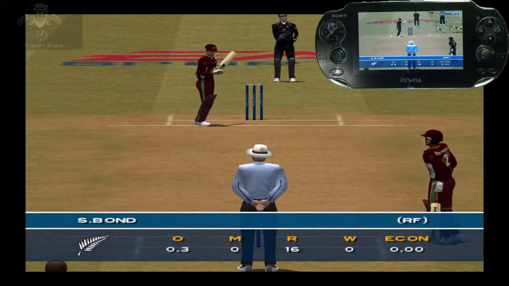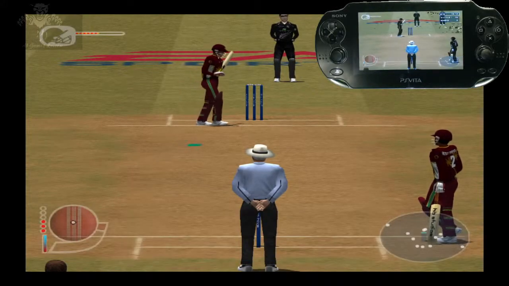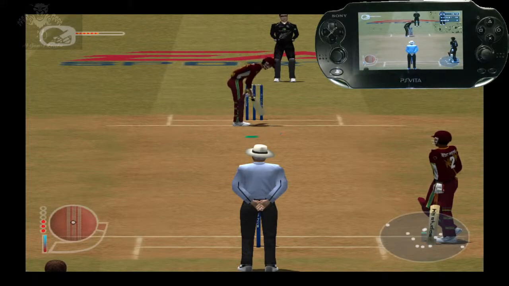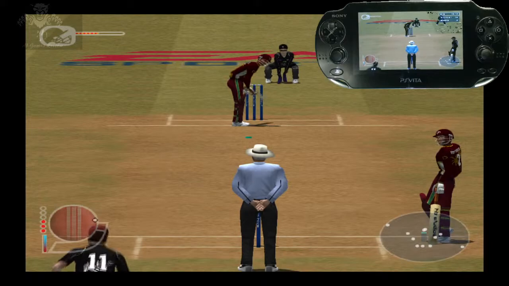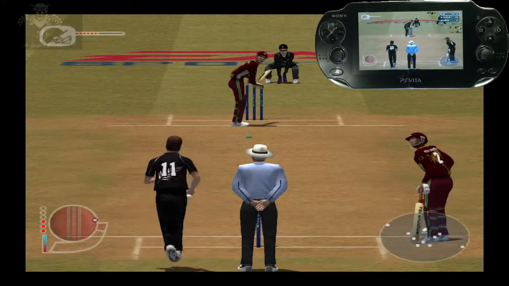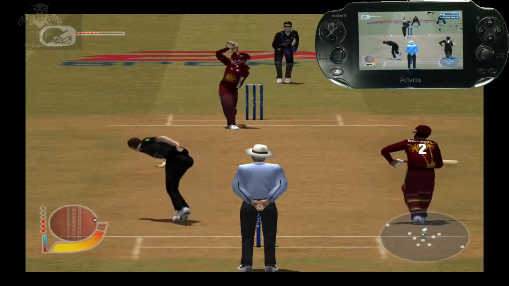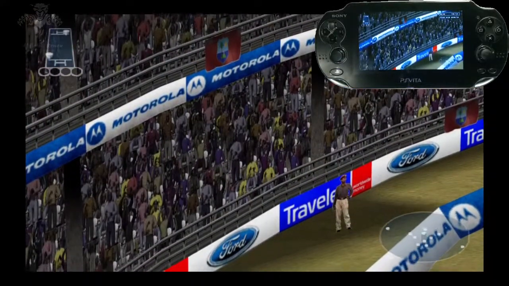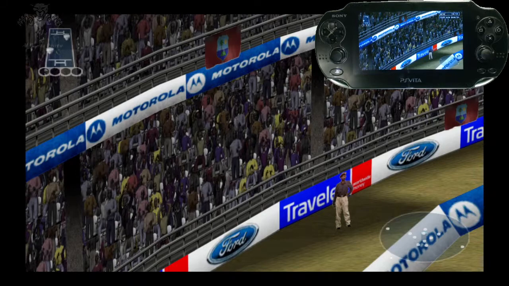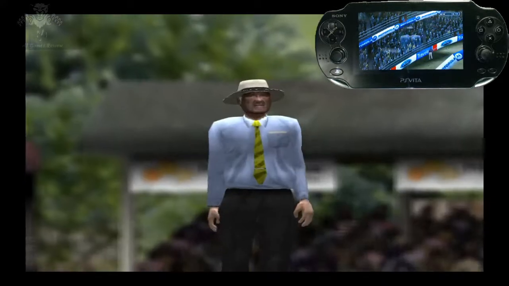Gale waiting at the striker's end. Run! Six. Gale absolutely smashed that for six. Well, you can't set fields for shots like that. That's brilliant.